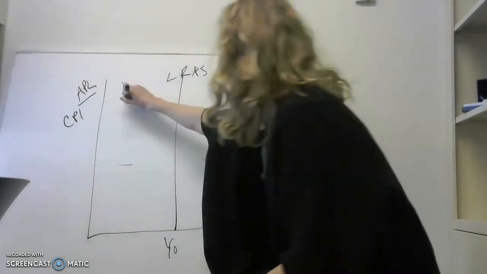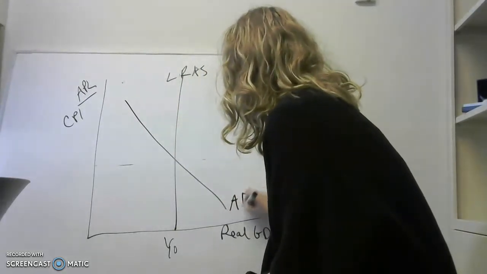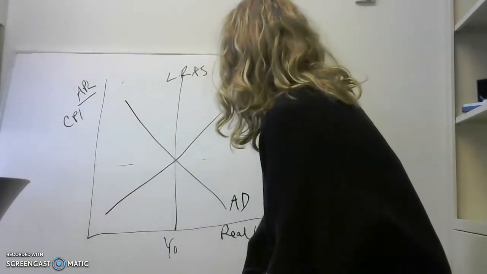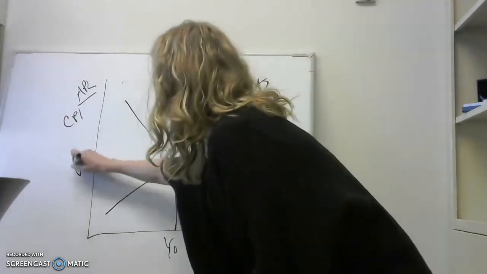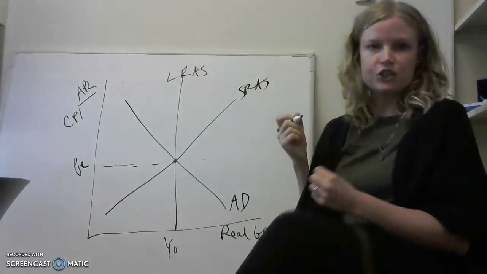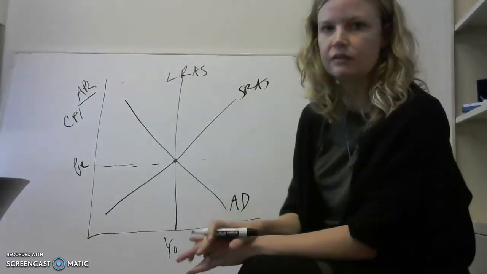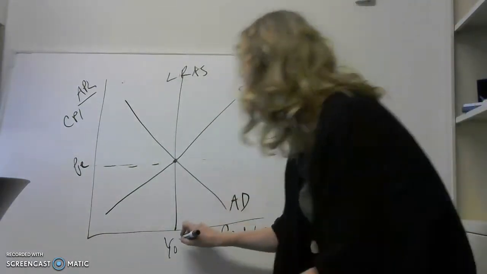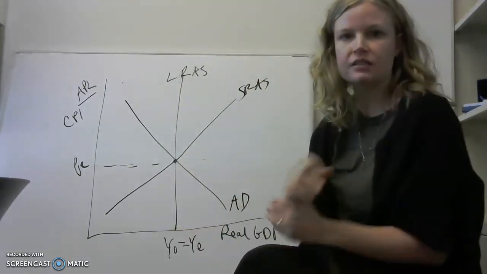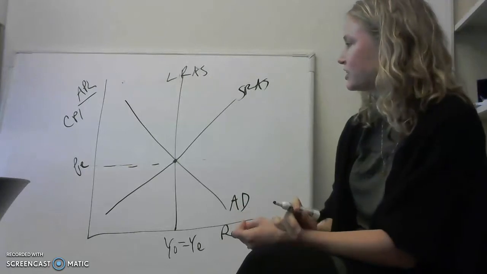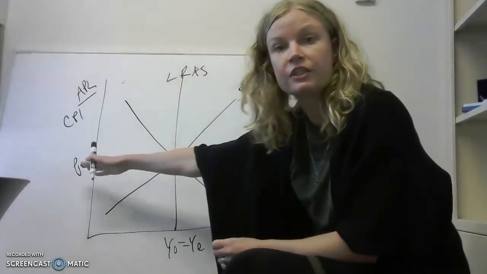Okay, we've got aggregate demand, short run aggregate supply, and again, I'm not going to go through why these are shaped the way they are, but this is what they look like. So basically, right now, I've got an economy that's starting at potential output. You might imagine this is like a 2% rate of inflation.